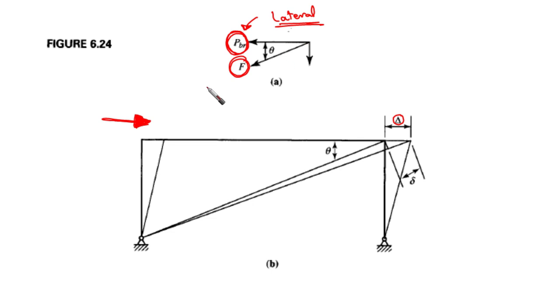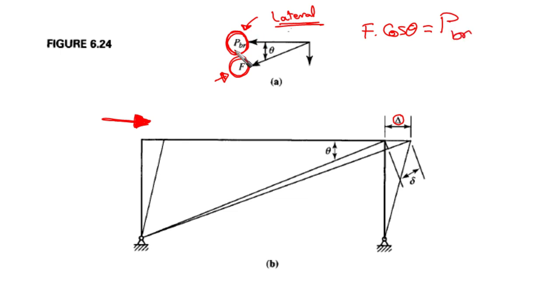But the real force that is going to be developed in the diagonal itself should be F, which is related to the horizontal component by this theta. We're going to find that F cosine theta equals PBR, right?